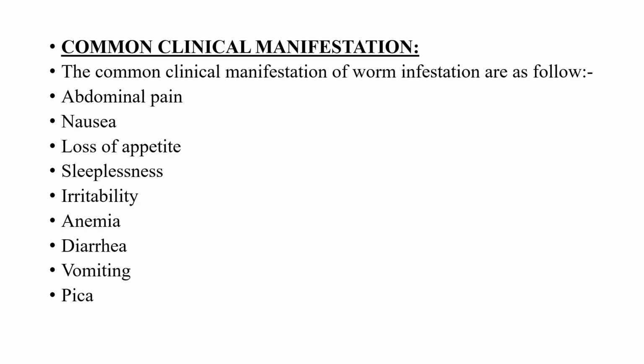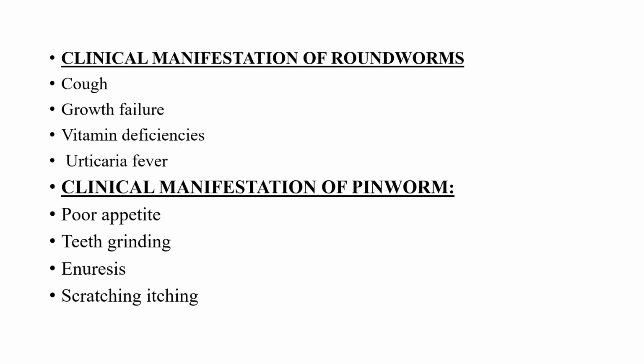Next, we are going to discuss the common clinical manifestations. In that we can see abdominal pain, nausea, loss of appetite, sleeplessness, irritability, anemia, diarrhea, vomiting, pica. Okay, so these are the conditions that we can see. Next, we are going to discuss clinical features based on the different types of worm.